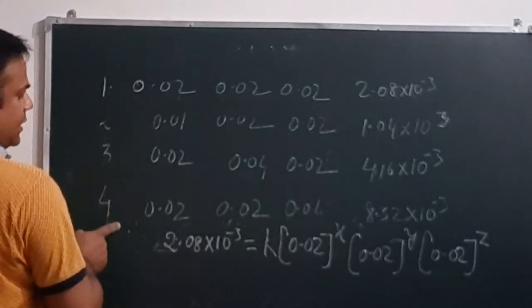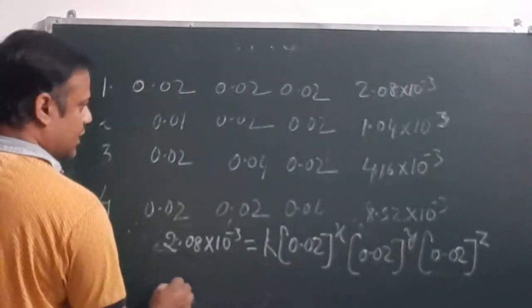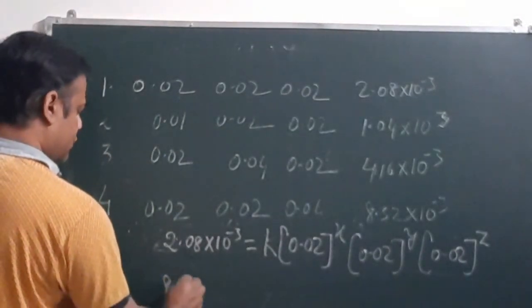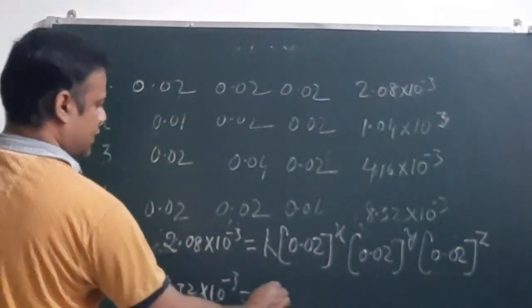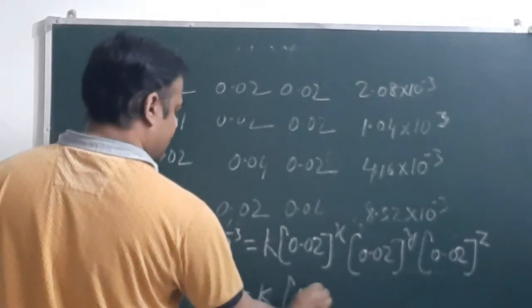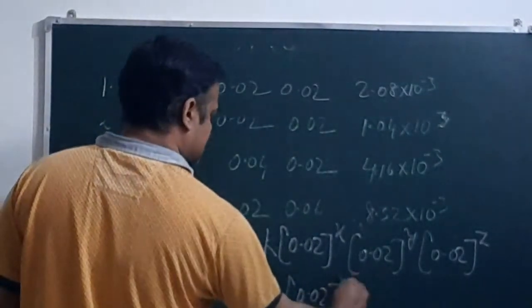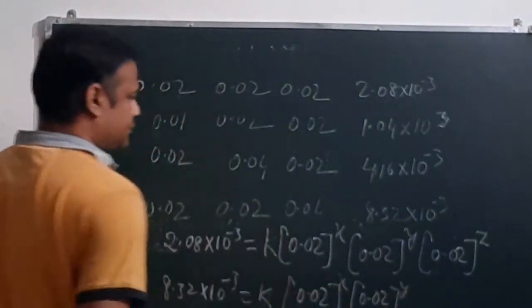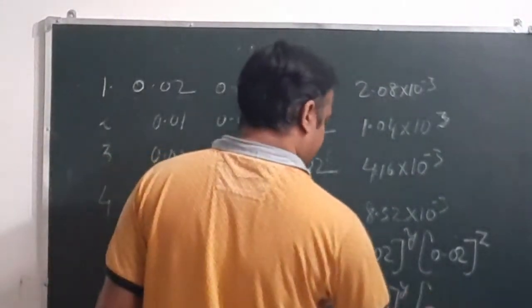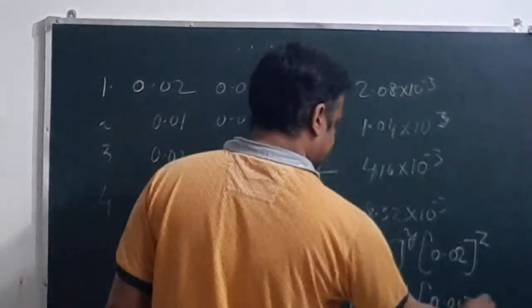Now if we write the rate for the fourth experiment, we will have 8.32 into 10 to the power minus 3 equal to K, 0.02 to the power x, 0.02 to the power y and 0.04 to the power z.